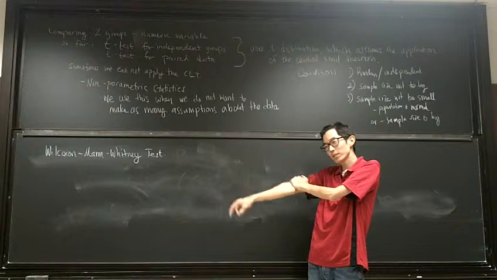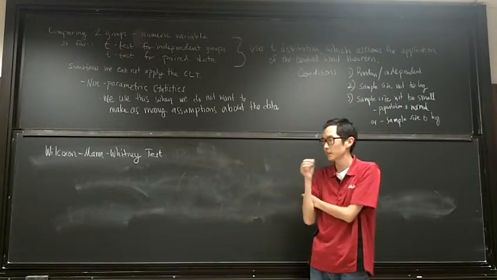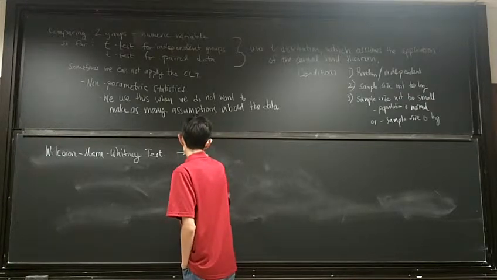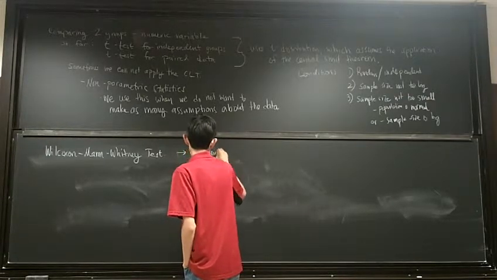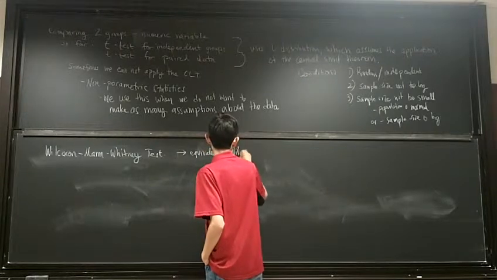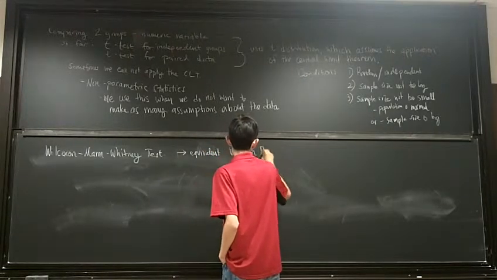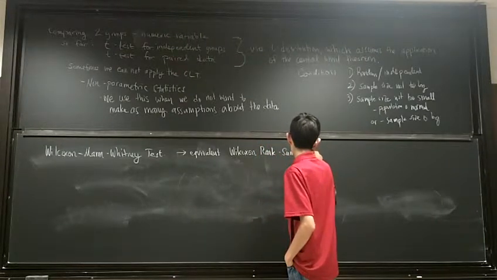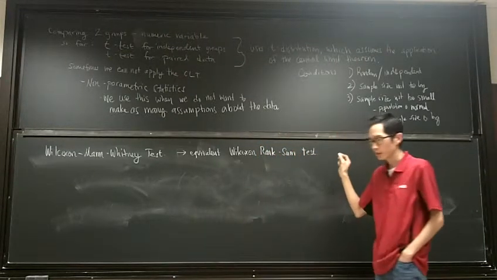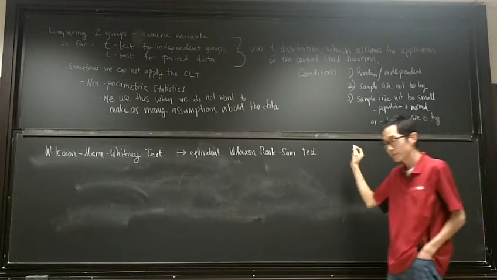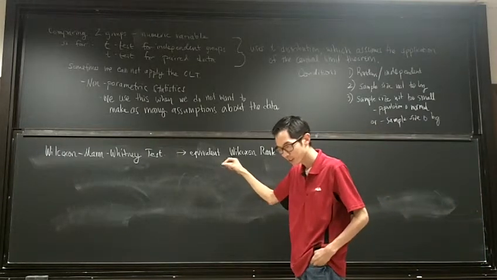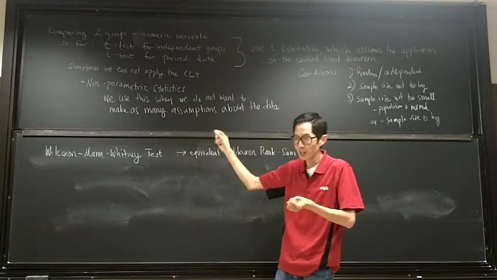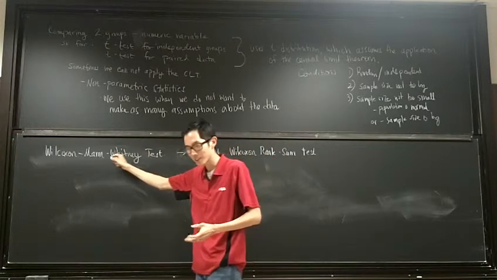It's equivalent, if you ever take another statistics class, to something called the Wilcoxon rank sum test. Okay. It's not the same test, okay? Because when people were, I guess, discovering these new tests, they came up with this and thought, oh, this is great.